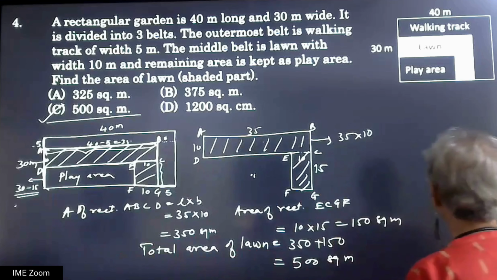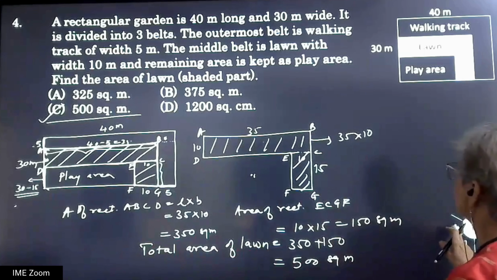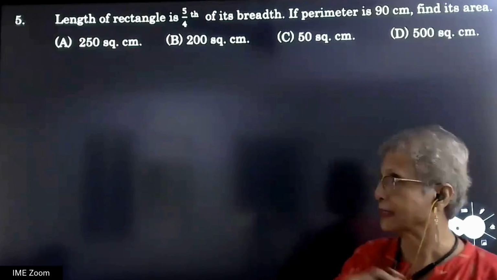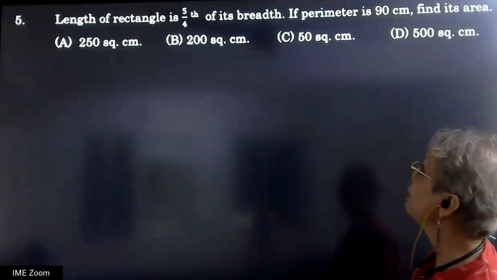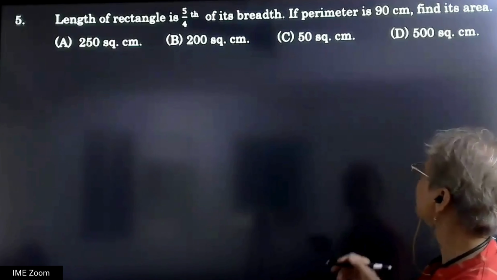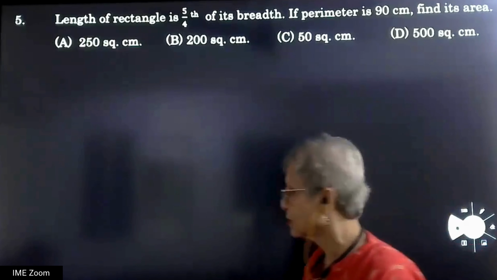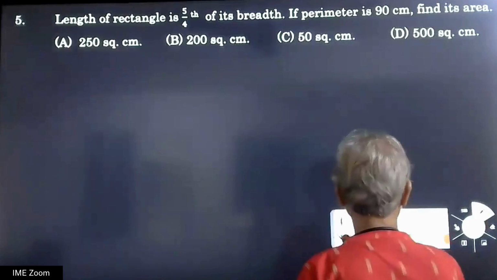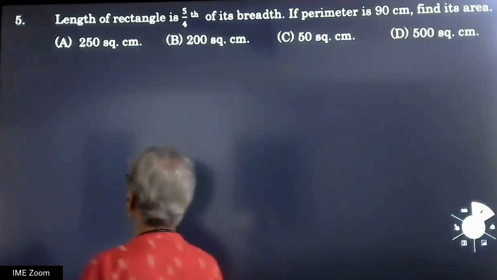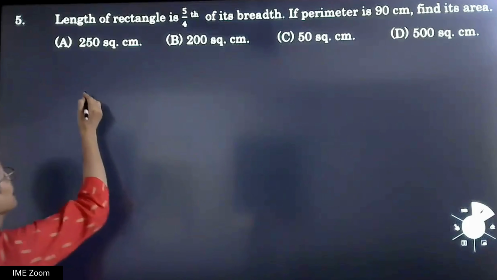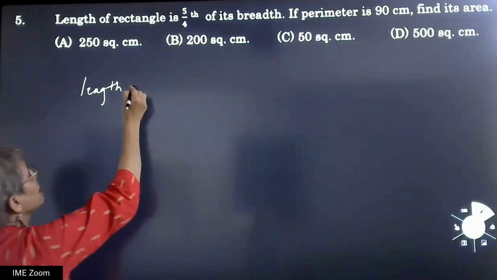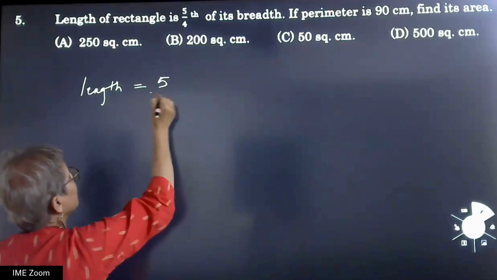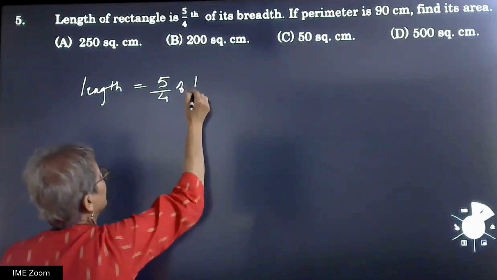Okay, let us move to the next question. Yes, now the next question is: length of a rectangle is 5/4 of its breadth and its perimeter is given. Okay, so let us do what is given, that length of a rectangle, that is, length is equal to 5/4 of breadth.